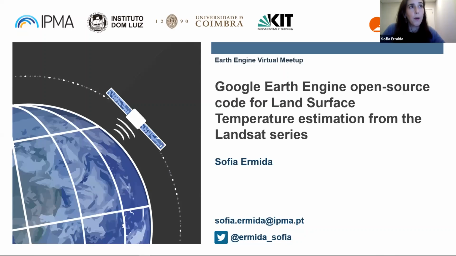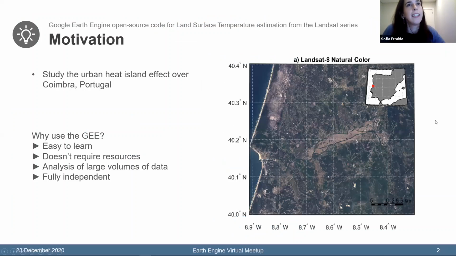And I want to start this presentation by explaining why we did this work. So we are a European agency, so we really don't have to process satellites that are not European, but I had this student doing a master thesis on the urban heat island effect in Coimbra, which is a Portuguese city in the center of the country, more or less, close to the ocean.